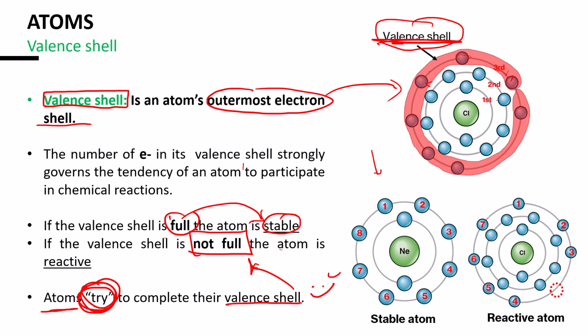So this atom is stable. If we look at chlorine again, notice that this is a reactive atom because it's missing one electron to complete the valence shell. So this one most likely will participate in chemical reactions.